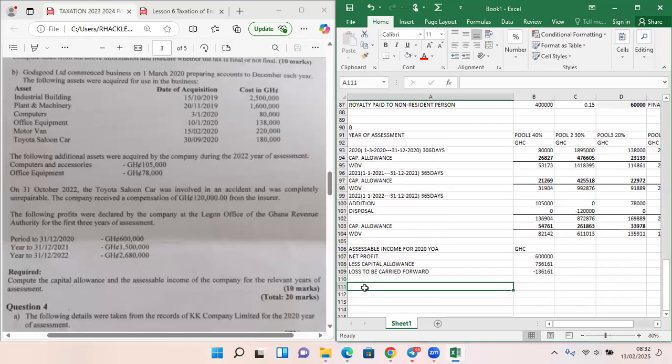Now, taxable income for 2021 year of assessment.